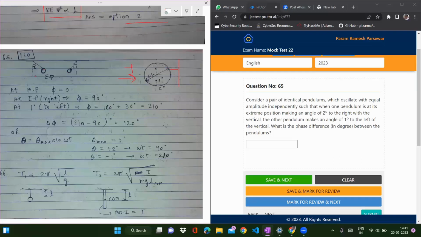So the simple harmonic motion of a body can be compared with a rotating vector, that is called a phasor. So with this we can have the phase difference relations.